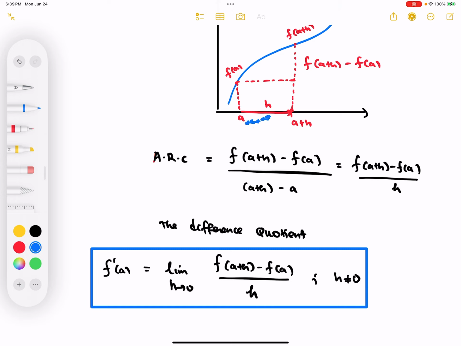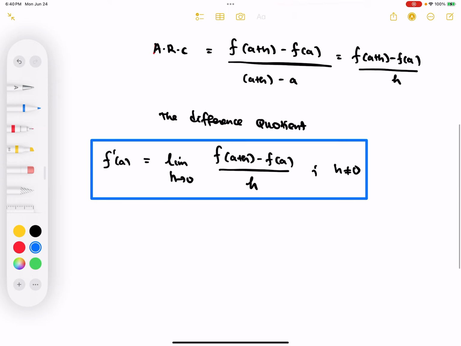That means the gap is very small, or h is getting closer to 0. So in other words, this one is called instantaneous rate of change, because we are finding the rate at a point. That's why we call it instantaneous rate of change. Let us elaborate this one with an example.